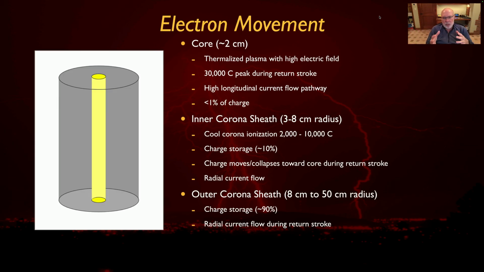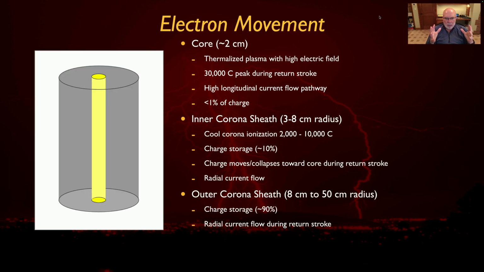And the inner portion extends from 3 to 8 centimeters out from the center, and it is undergoing ionization, but it's a cooler ionization, the corona in the 2 to 10,000 C range. And so we have the ionization going on due to the electric field intensity, but it's not as hot. And this stores about 10% of the total charge on the leader in this zone.